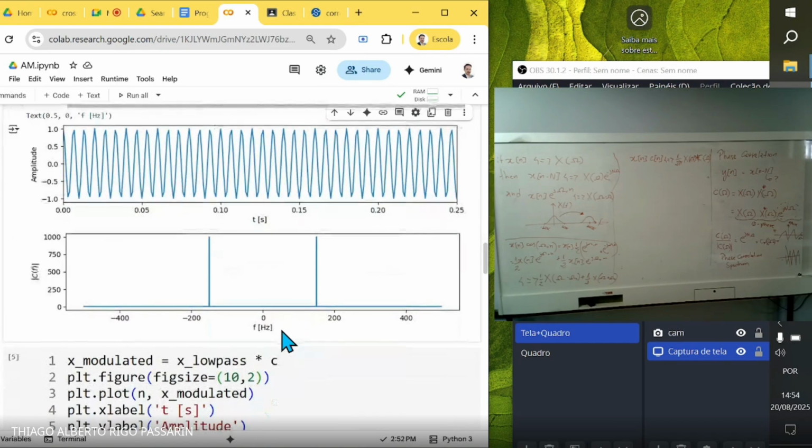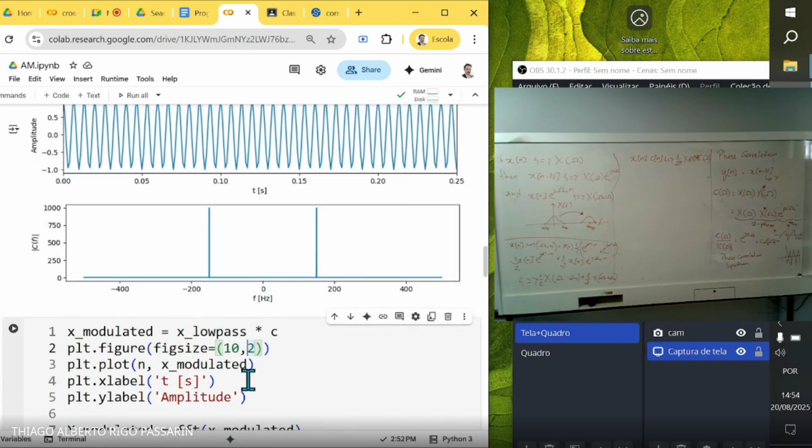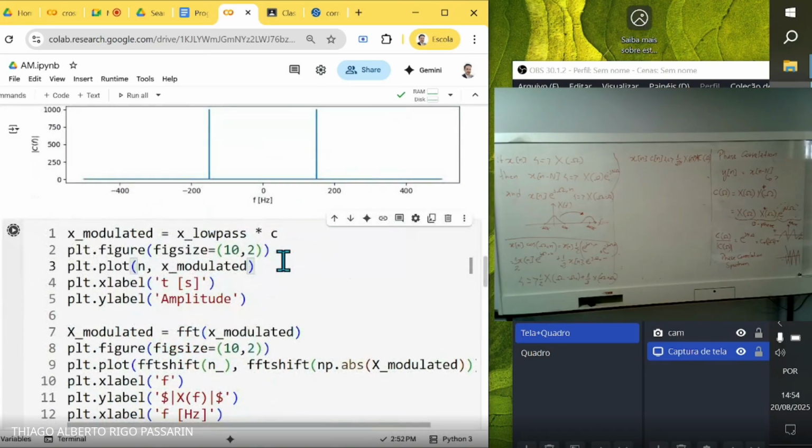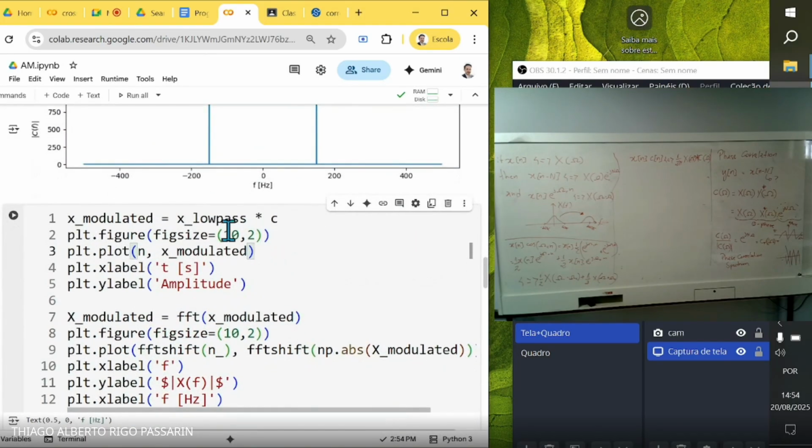So here's the carrier. Now we're doing the modulation. We're taking the signal and we're modulating the amplitude of the carrier with the amplitude of the signal. So modulation means multiplication. So here it is.